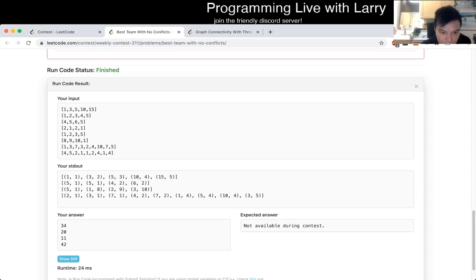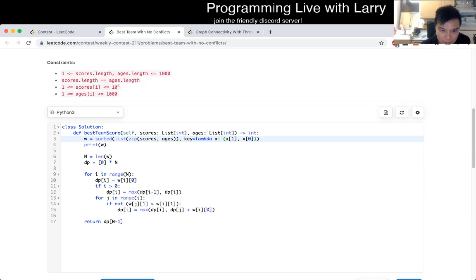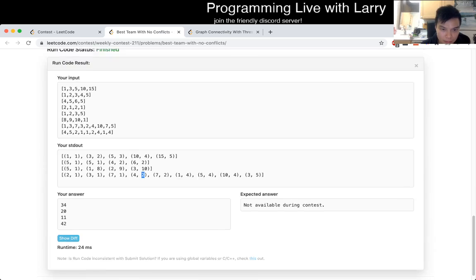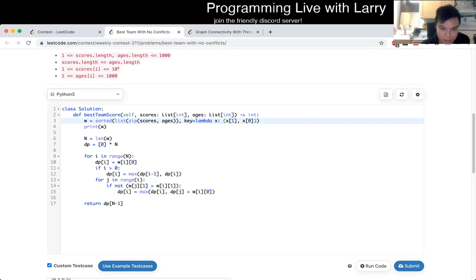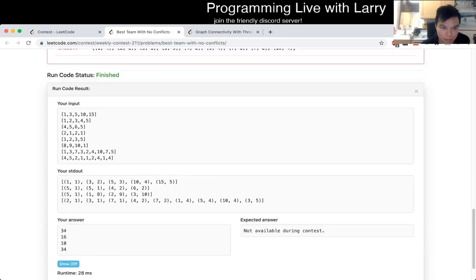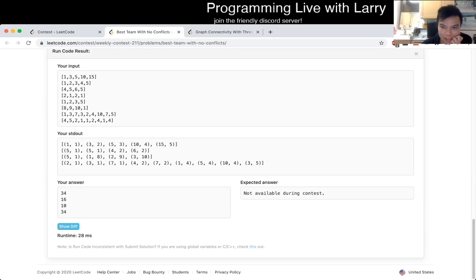Now this score is true. So now this is the age. Okay. This is the score age. Not right either.